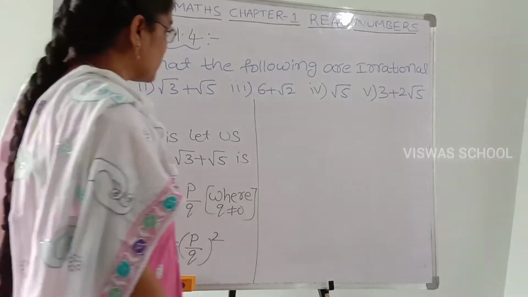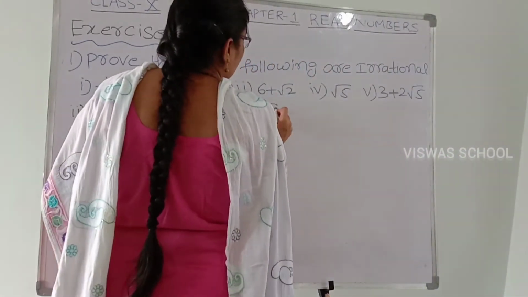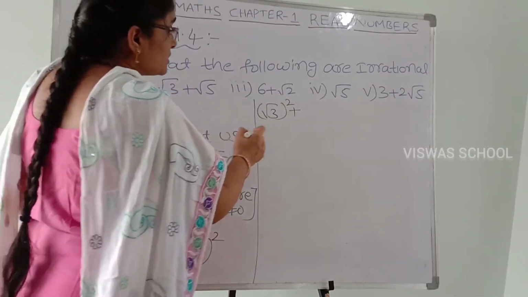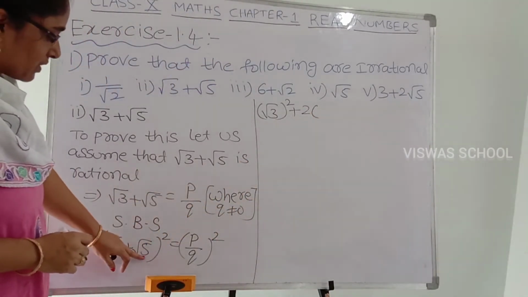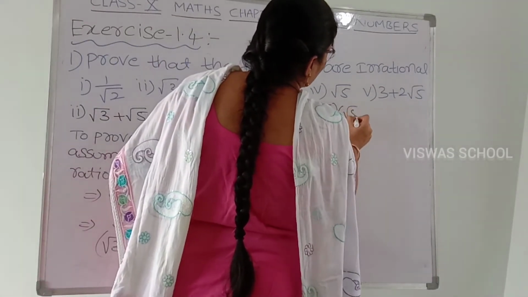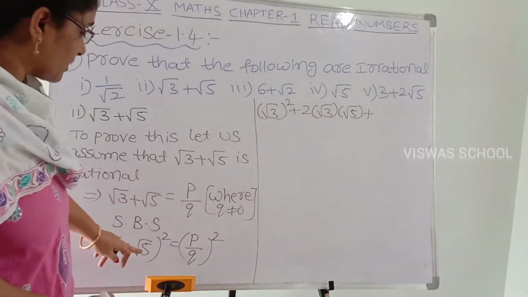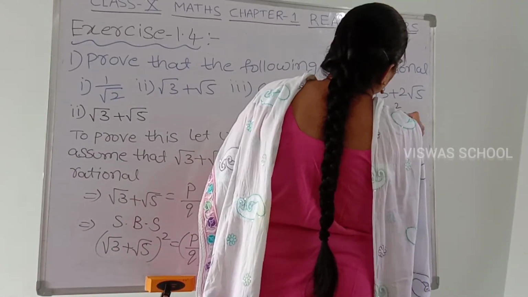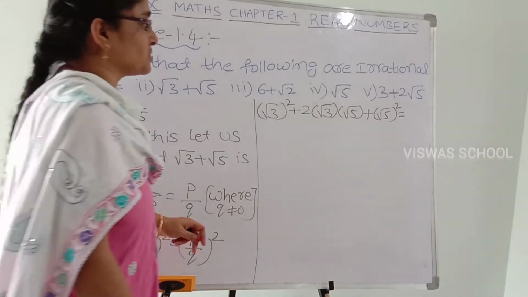A plus B whole square means A square plus 2AB plus B square. Here A is root 3 and B is root 5. So root 3 whole square plus 2 into root 3 into root 5 plus root 5 whole square. And P by Q whole square means P square by Q square.